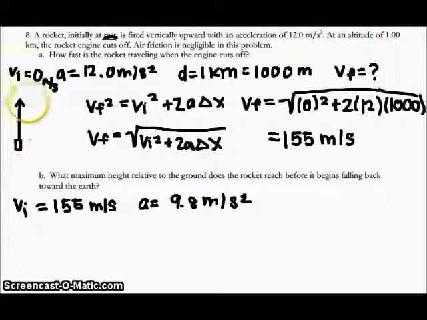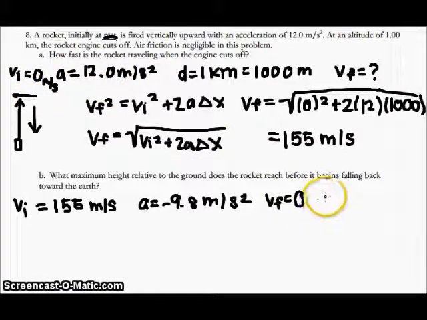But if we look at our little drawing over here, the rocket's going up, but gravity is obviously going down. So we have to make this a negative. And that's one other problem I had on the quiz, I should have drawn some pictures so that it's easier to visualize the problem. Anyway, the final velocity is 0 because once it reaches that peak it's going to stop moving.